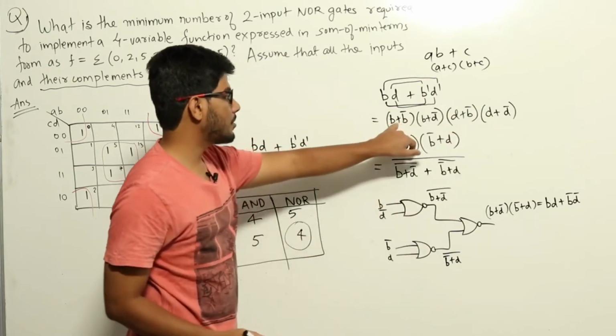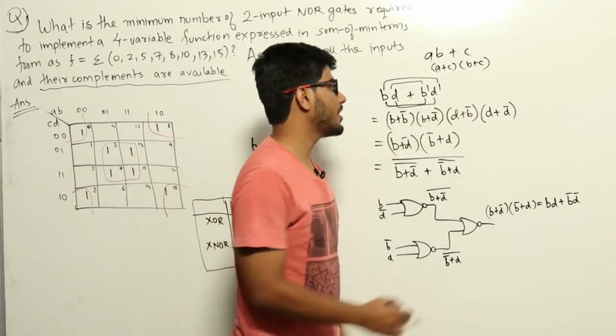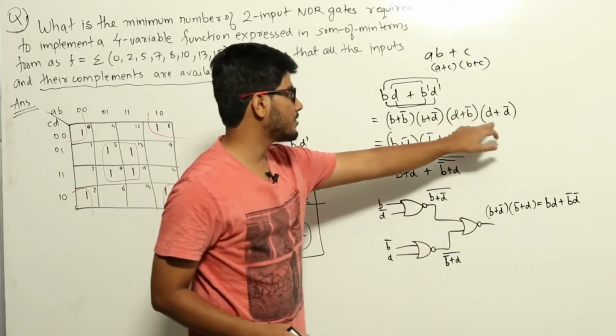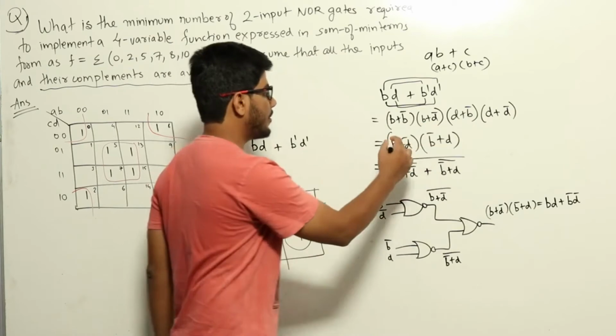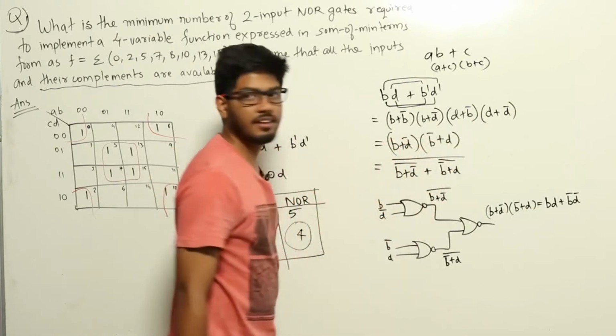Now B plus B complement will be again 1 plus 0 form, this will be 1 only. D plus D complement will be again 1 plus 0 form, which will be 1 only. So these two we can ignore. So the rest would be B plus D complement into B complement plus D.